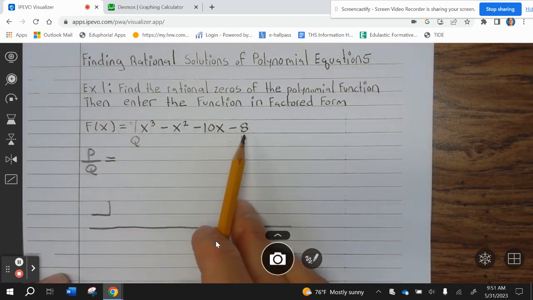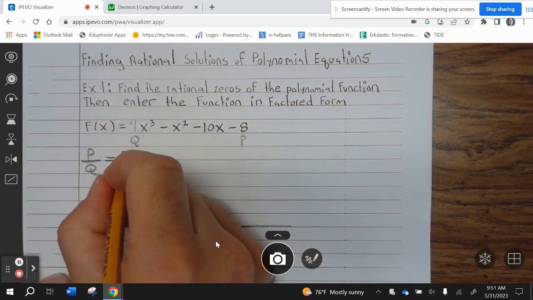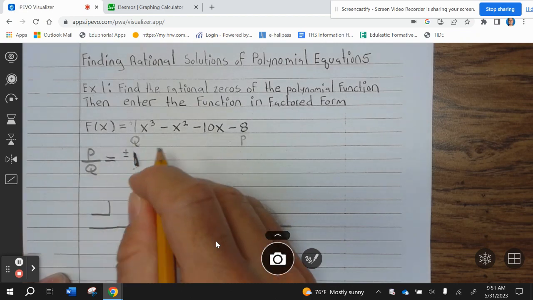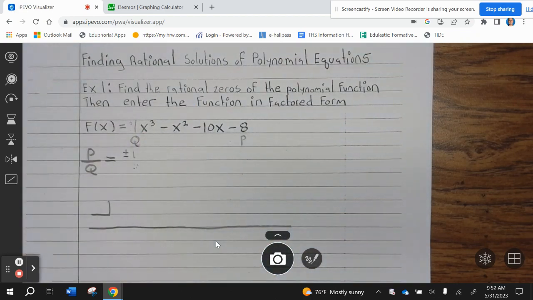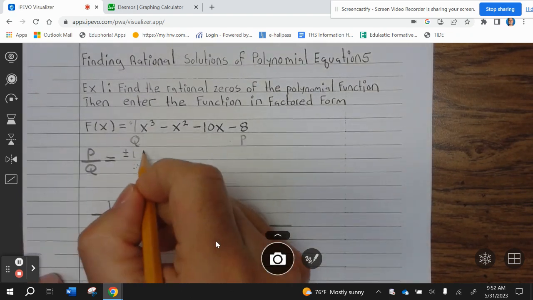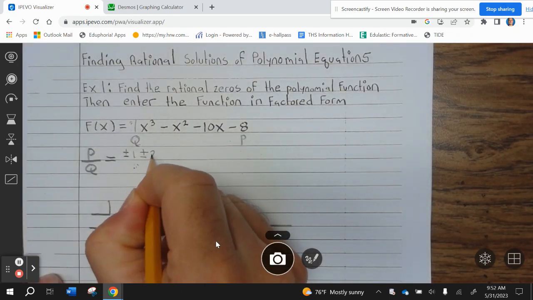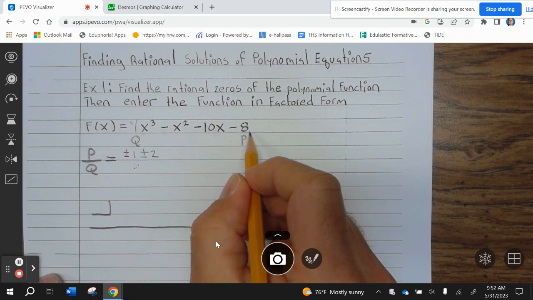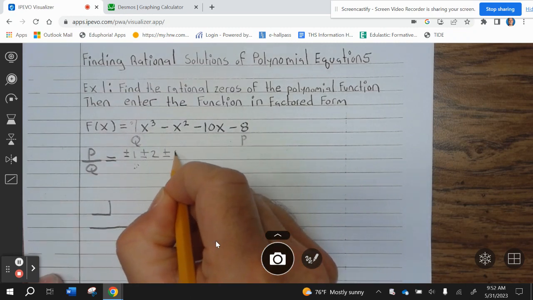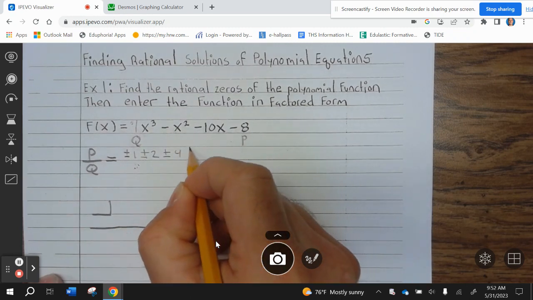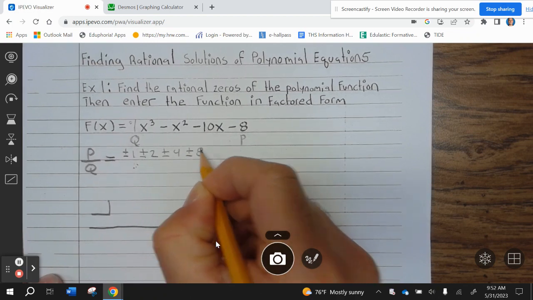So we need to find all the factors of -8. So that's plus or minus 1, plus or minus 2. 3 doesn't divide into 8, so that's not a factor. Plus or minus 4. 5 doesn't work. 6 doesn't work. Plus or minus 8.